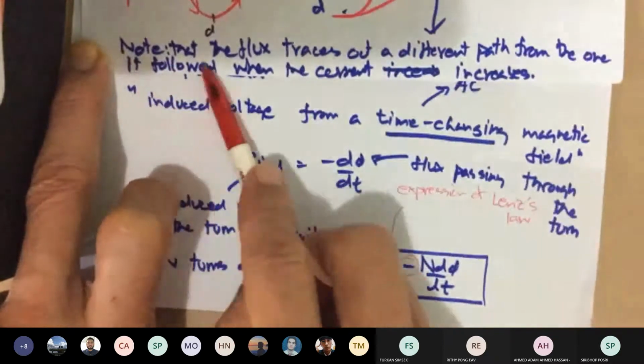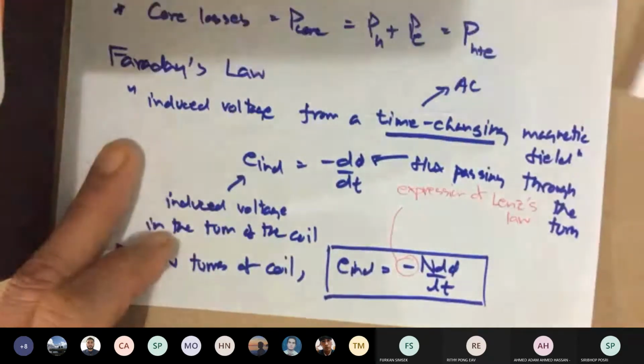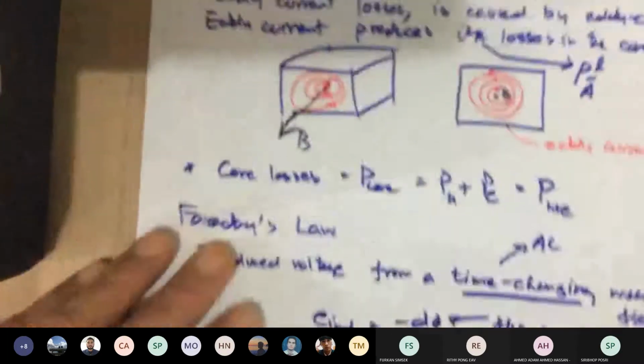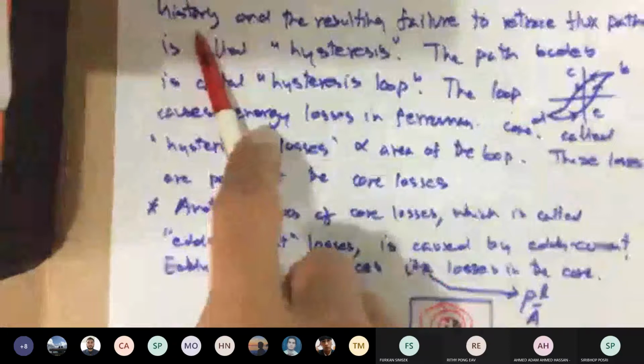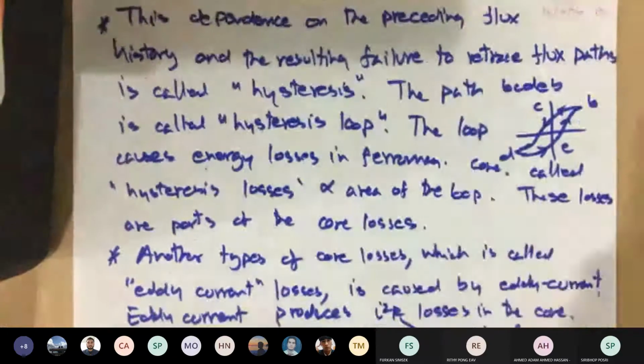Okay, so it follows a different path than when the current increases. This behavior, the textbook uses these words. If you understand, that's okay.